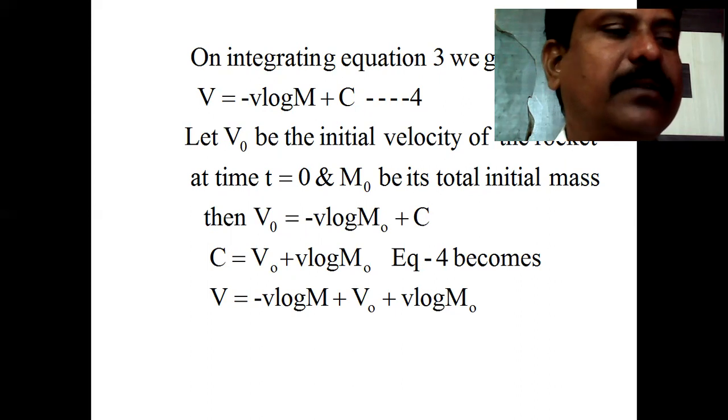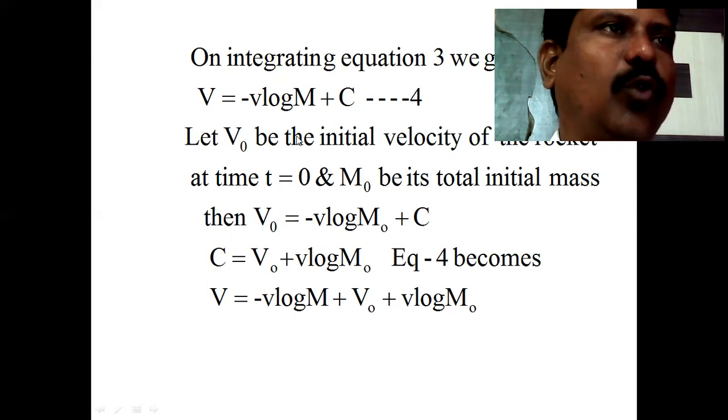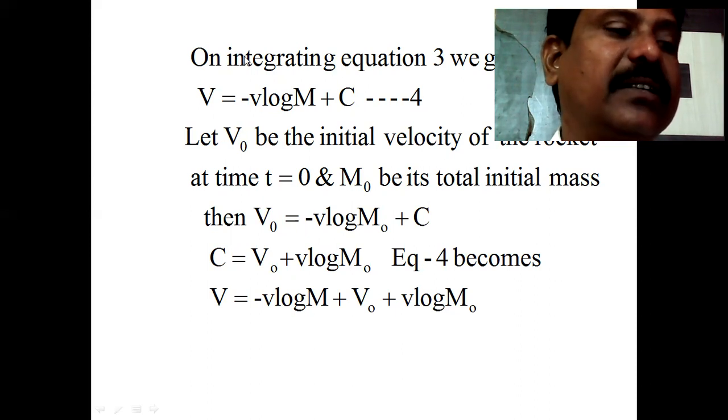Next, now you have to integrate that above quantity. On integrating, we get capital V equals minus small v into log of capital M plus C. So integration of dv by dt with respect to dt equals minus integration of small v divided by capital M into dm by dt into dt.